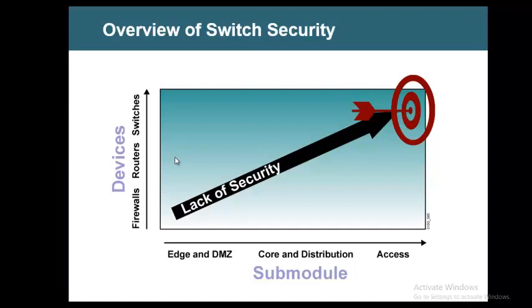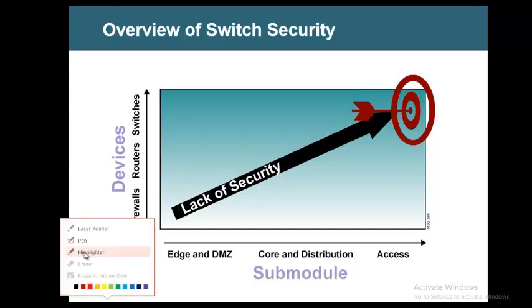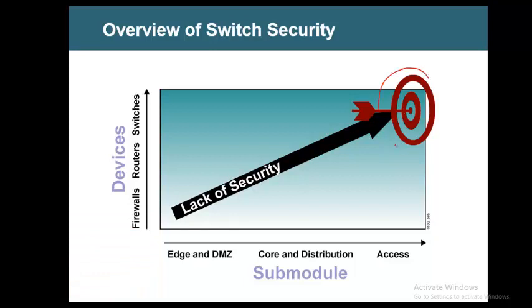So this picture shows that right in the access layer, the attacks are more. What do we have in access layer switches? End devices. That is the edge and DMZ.